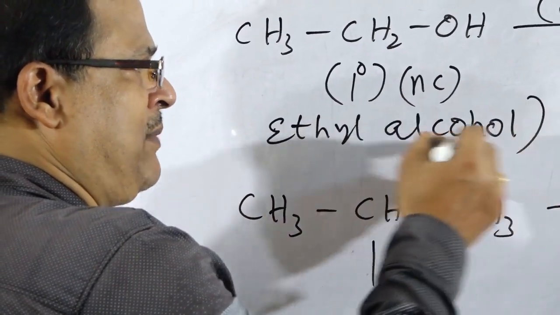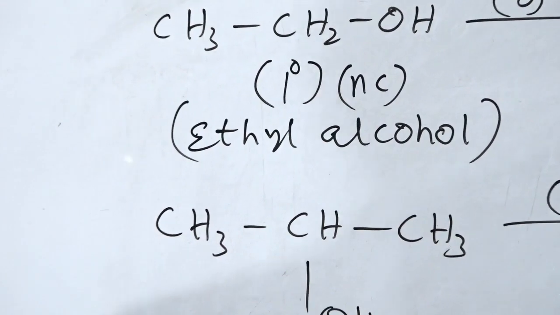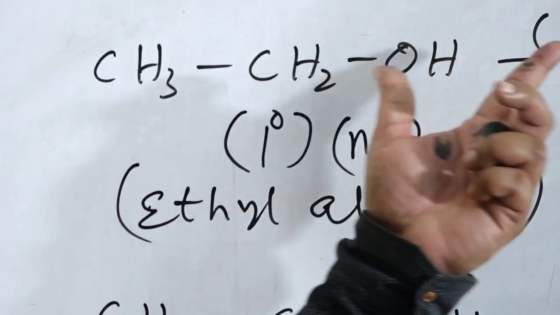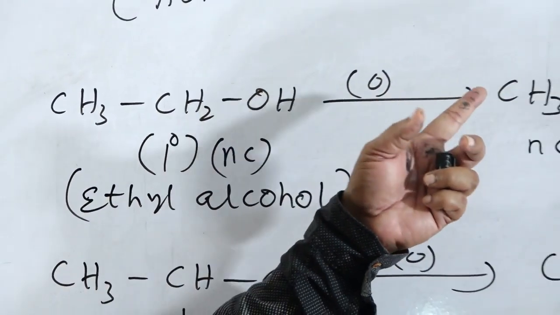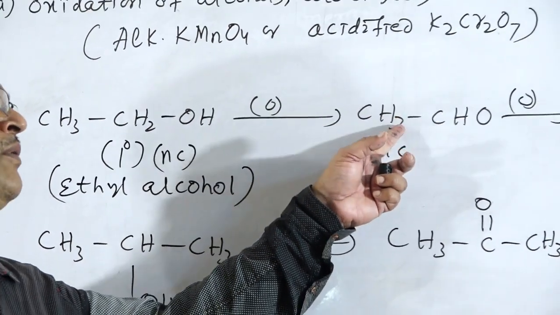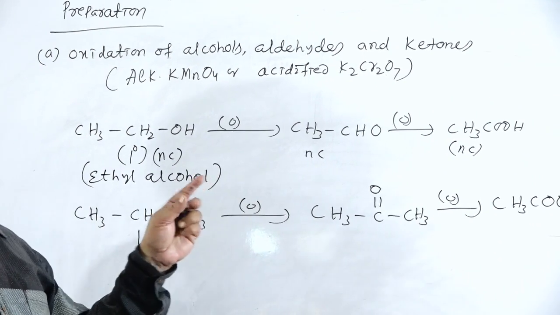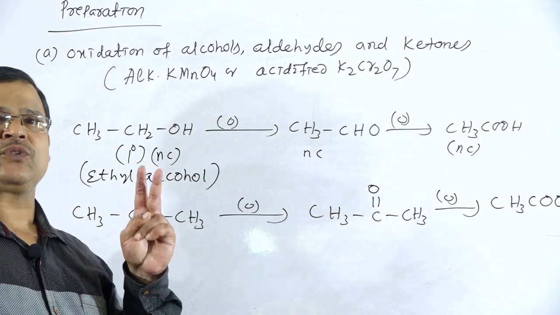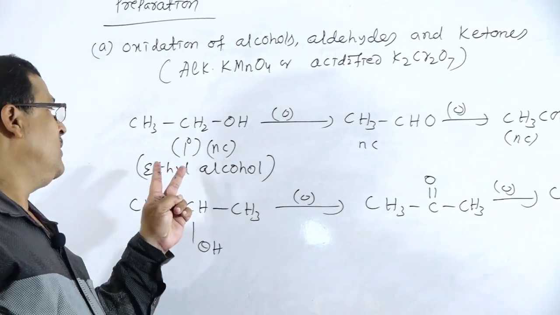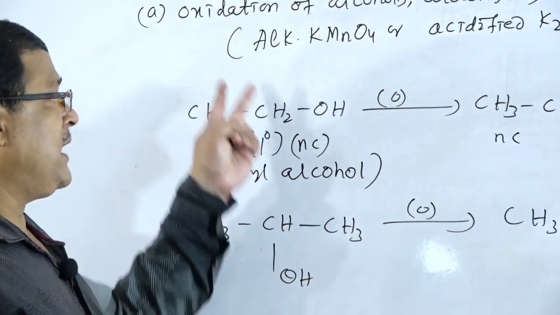Ethyl alcohol gets oxidized to form acetaldehyde, which is further oxidized to form acetic acid. In all these cases, the number of carbon atoms remains 2. Therefore, that is the oxidation reaction.